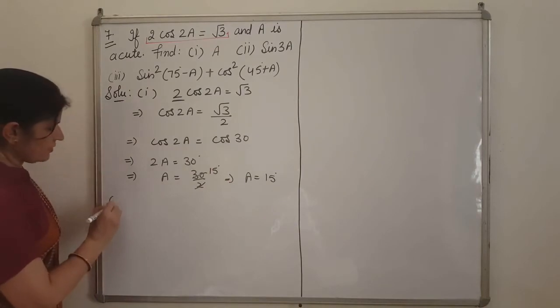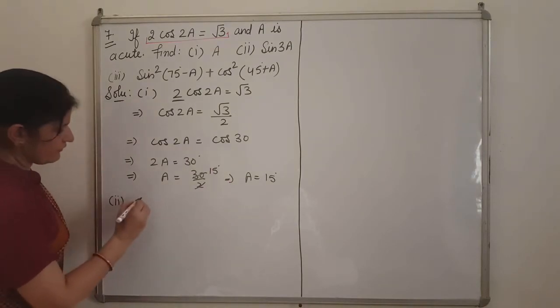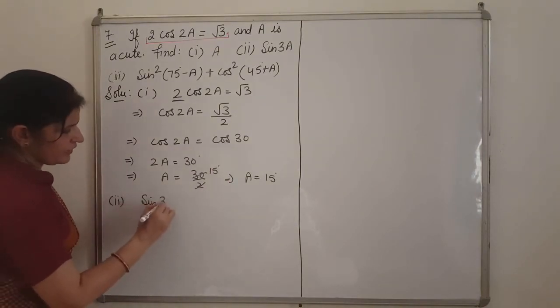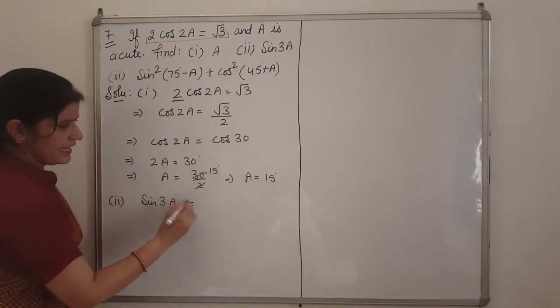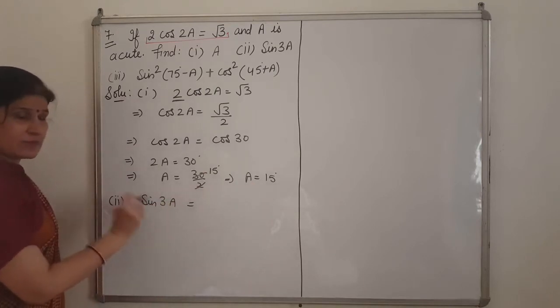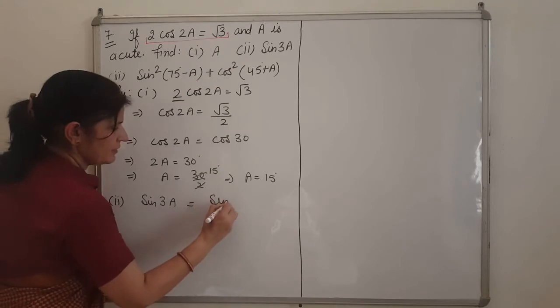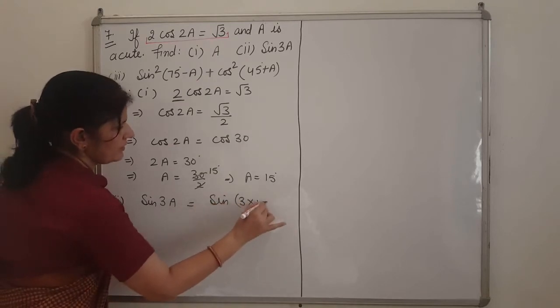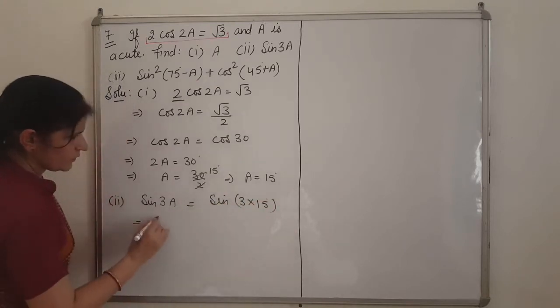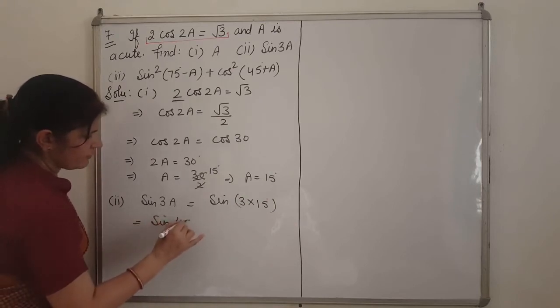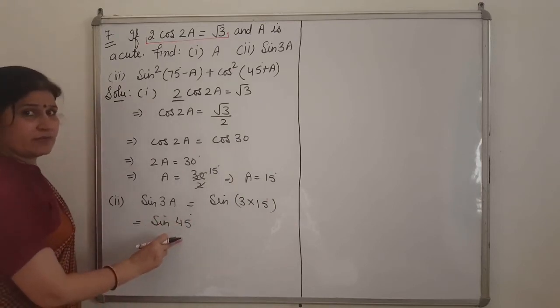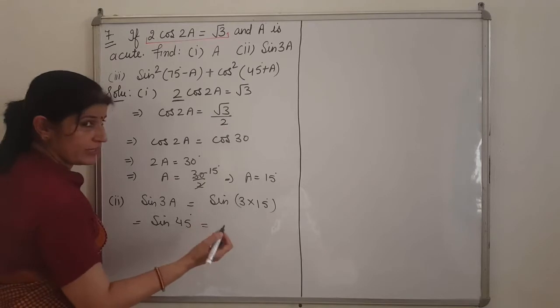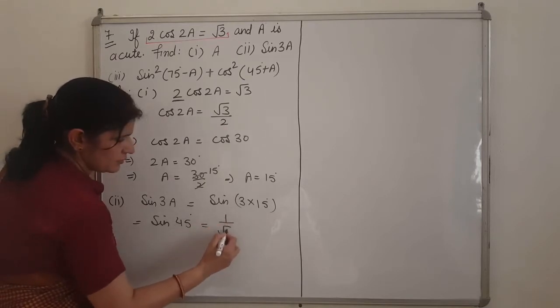Now the second one, you have to find the value of sine 3A. Now what is A? 15. We have to substitute here. Sine 3 into 15. What will come? 45. In sine 45, the value from the table you can see is 1 over root 2.